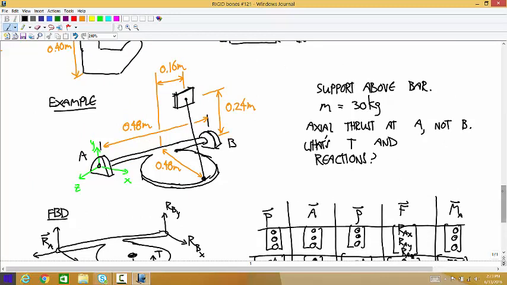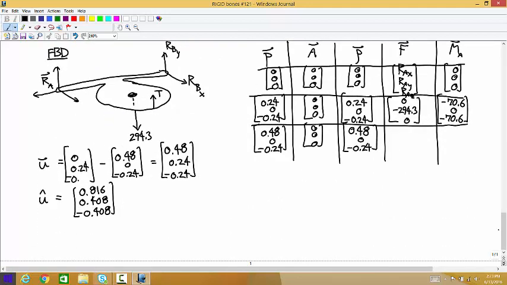Okay, you went to a different origin. 0.4. 0.24 plus 0.16. 0.24. 1.16. Yes. Thank you.